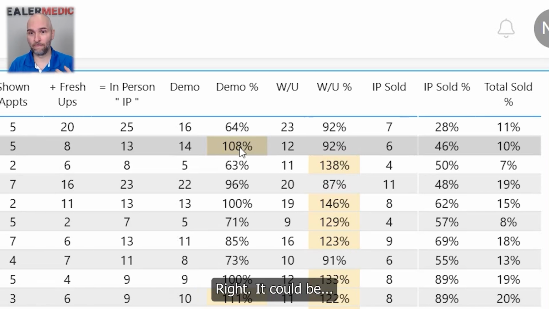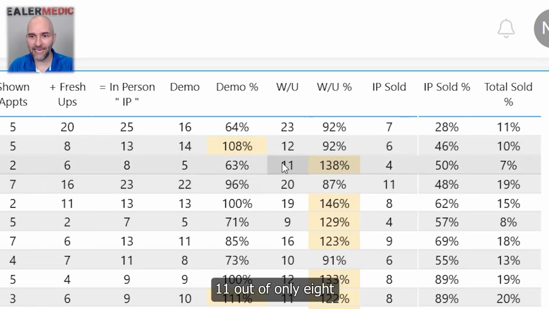It could be maybe you demoed the same person twice. That's plausible. Or it could be that someone forgot to log a customer. So the way that I would look at this report is I would sit down with the salesperson. I would look at all of their leads and find out what's going on here. What happened? All right. You've got to do some digging sometimes.